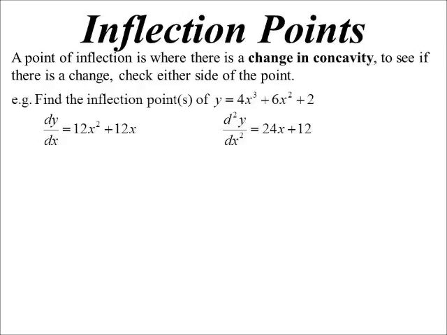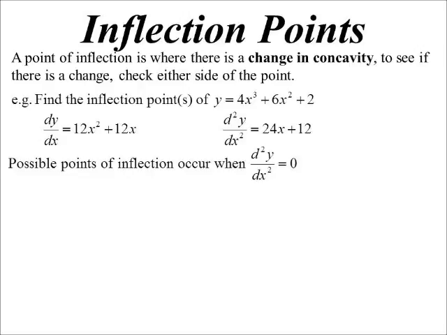Now when you're writing down, this is very important, it's possible points of inflection. It may not be a point of inflection. That's why we've then got to check either side. So it's possible points of inflection when the second derivative equals 0. And in this case, I only have one possibility, minus a half.